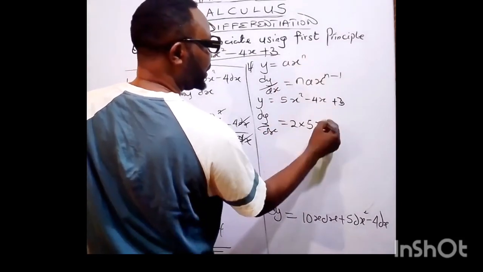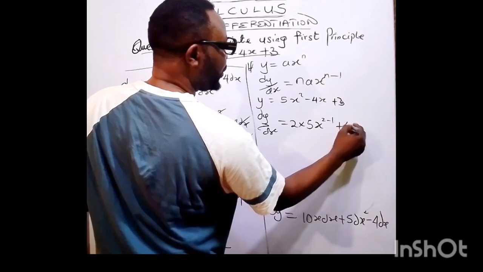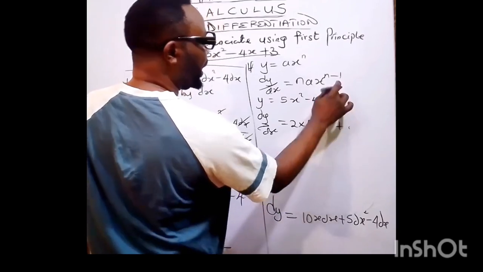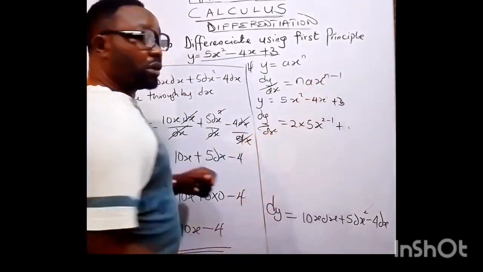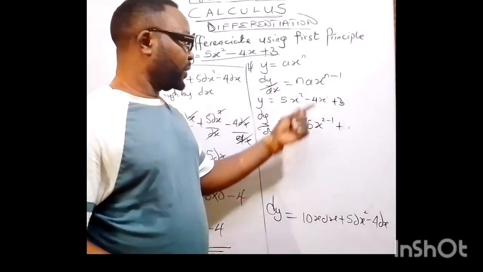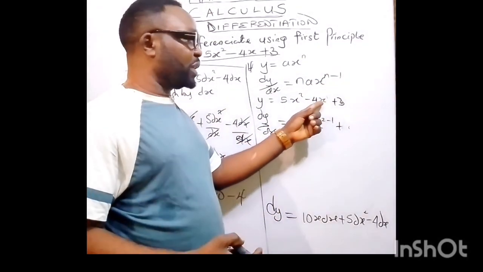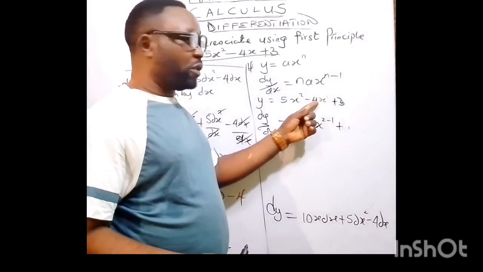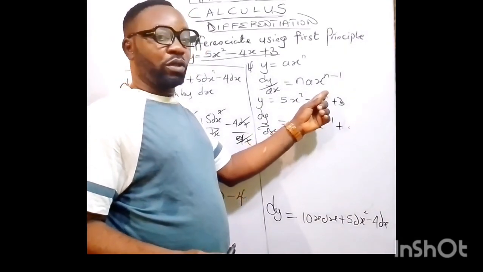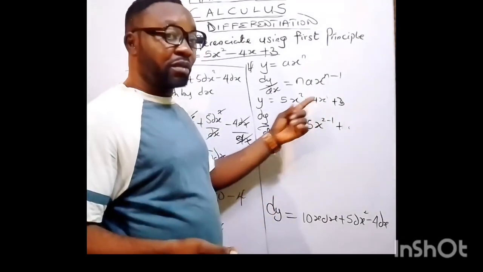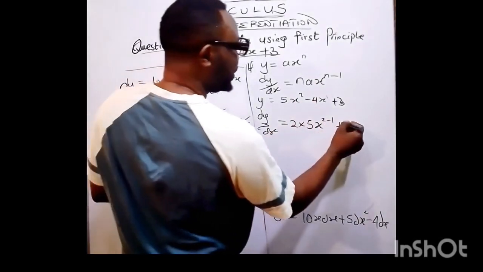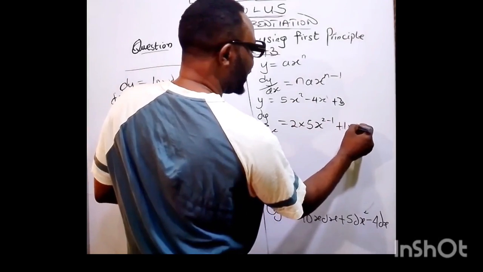What's n? 2 minus 1. Plus 4, what is our n here? That will be 1, because you can see that there's nothing on it, but you cannot call it 0. It is 1. It will just be 4, because if you call it 0, x raised to 0 will be equal to 1. So it will be 1 multiplied by minus 4.